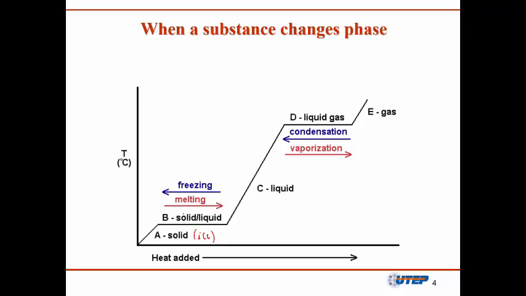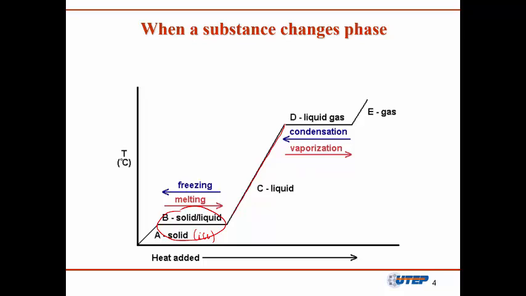So you have a mixture, solid and liquid, ice and water in this case. Until all of the ice is melted, the temperature will not increase in that cooler. Once you have all liquid, then you can see an increase in temperature.